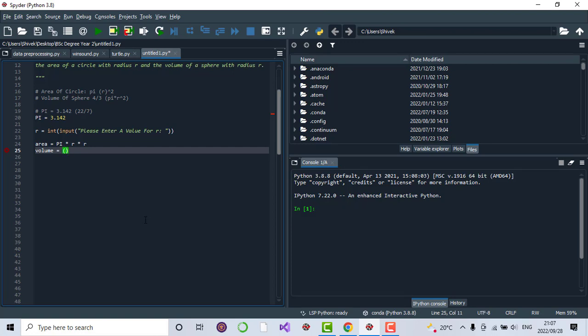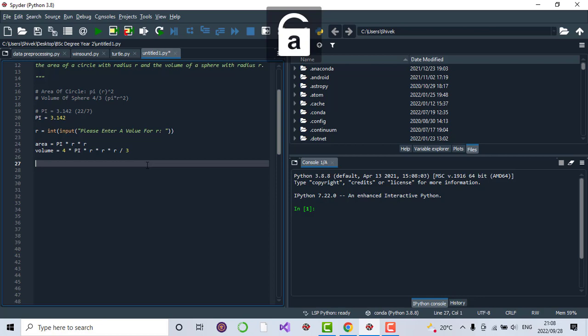So we'll do 4 over 3, keep in mind 4 over 3, and then pi, and remember it's r cubed. There we have it, 4 over 3 into pi r cubed.